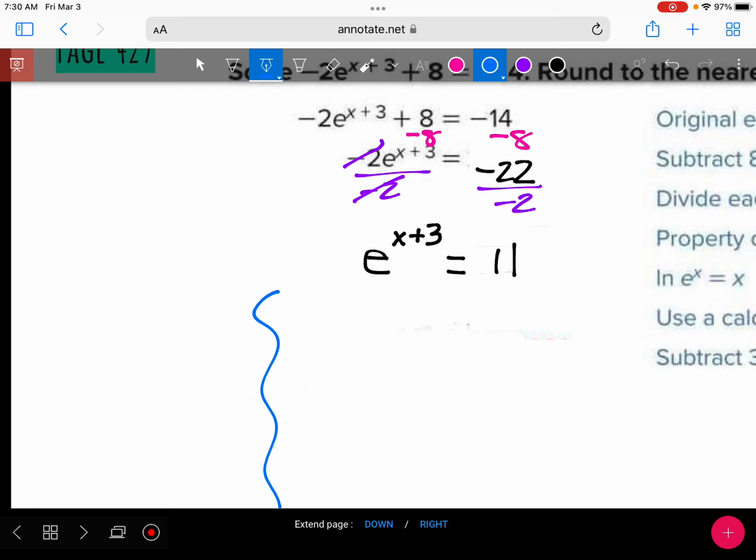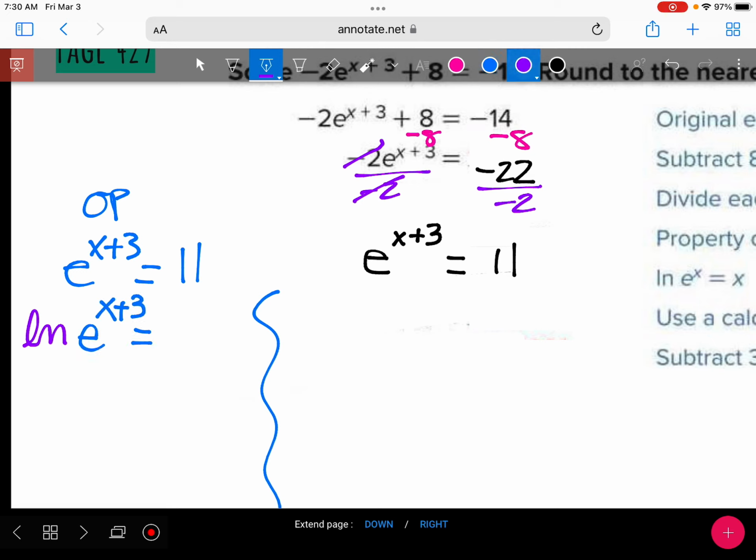So I will do this one as an operation. I'm going to take my e to the x plus 3 equals 11 and take the log of both sides. Since I have a base e, I'm going to do my natural log. So I'm going to do the ln of e to the x plus 3 equals ln of 11.